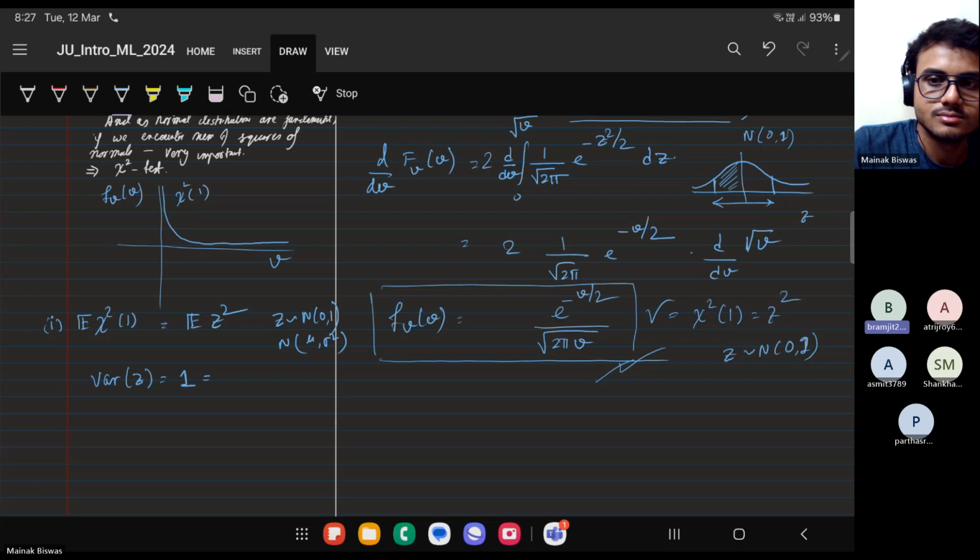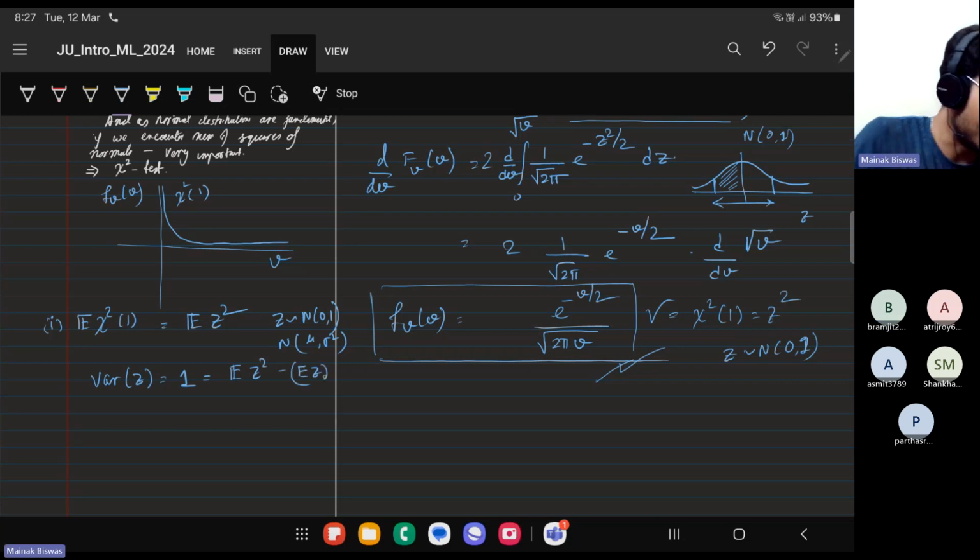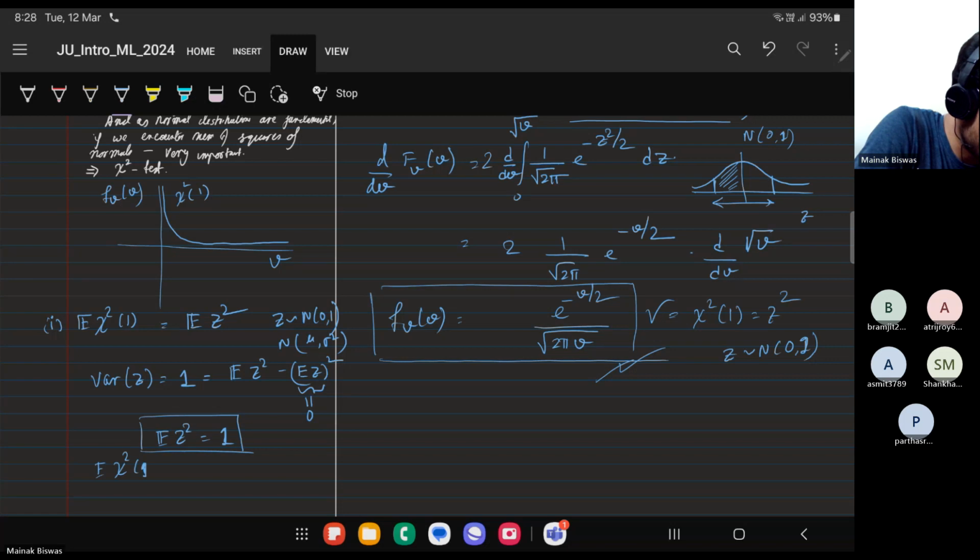Expected value of Z square minus the square of the expected value of Z. So what is the expected value of a normal? What is E of Z? 0. So the expected value of Z square is 1, right? The expected value of chi square 1 is equal to 1.